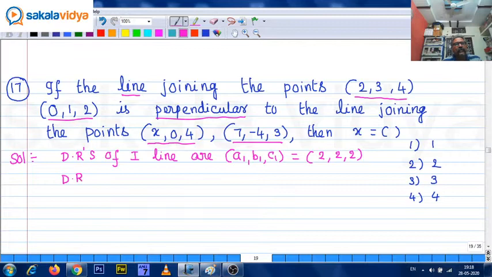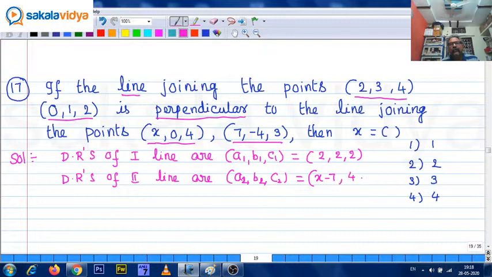Next, direction ratios of the second line are a2, b2, c2 equals x minus 7, 4, 0 minus of minus 4 is 4, 4 minus 3 is 1.